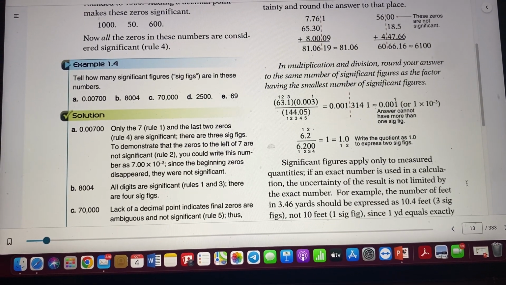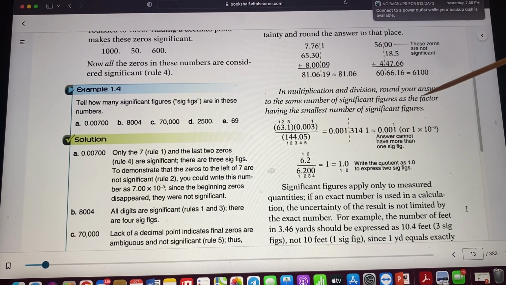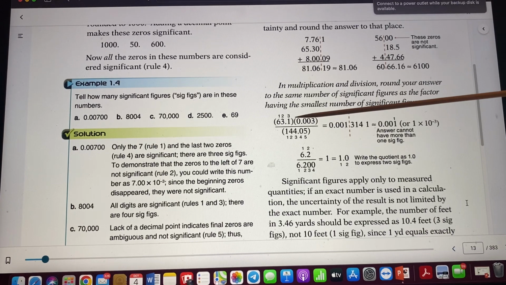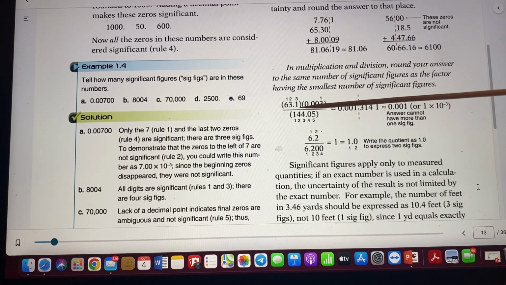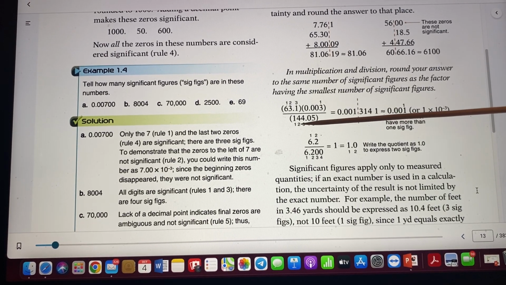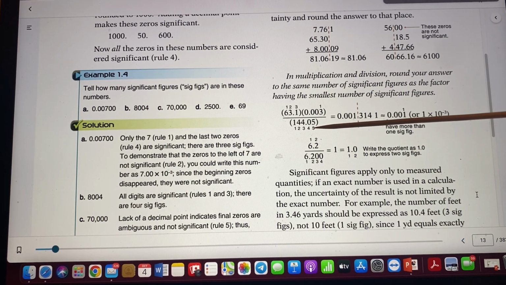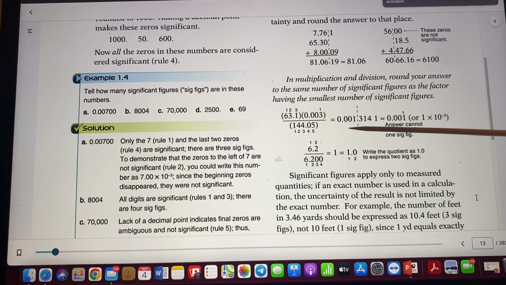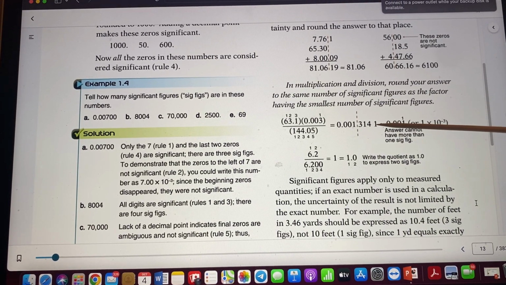In multiplication and division, round your answer to the same number of significant figures as the factor having the smallest number of sig figs. So basically here you have this number, 63.1, with 1, 2, 3 sig figs, 0.001 with 1 sig fig, and down here you have 144.05 sig figs. Okay, and as you multiply this out, this is the number you get, 0.0013141.